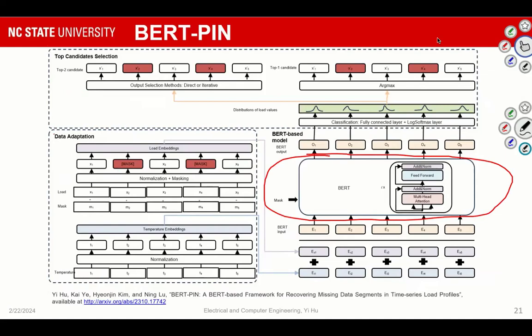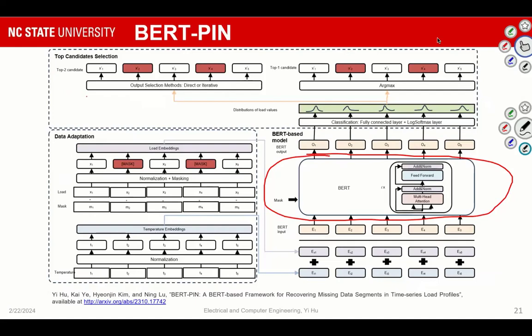And then the input. First, we look into the input part. Remember that this model was originally proposed for natural language tasks. So in the original model, the input is language, a sequence of words. But in our application, our input is a sequence of numbers. It is different, so we need to do something to make our time sequence data fit the model.